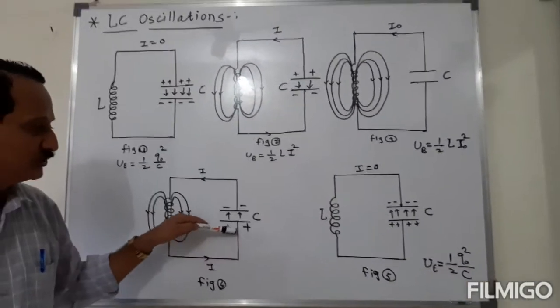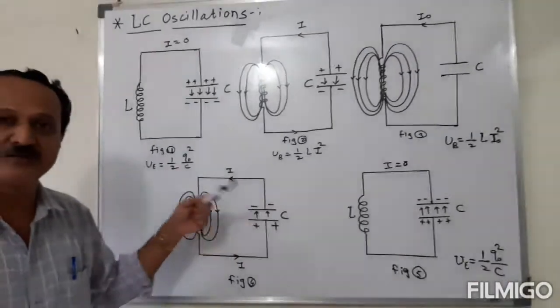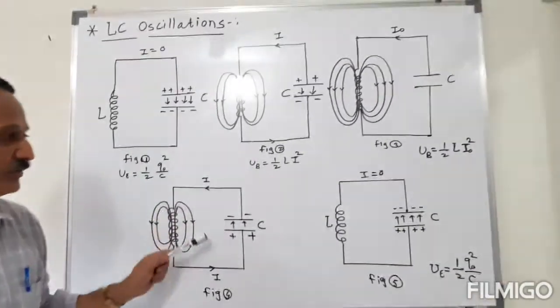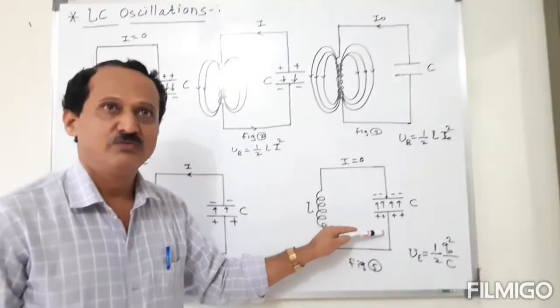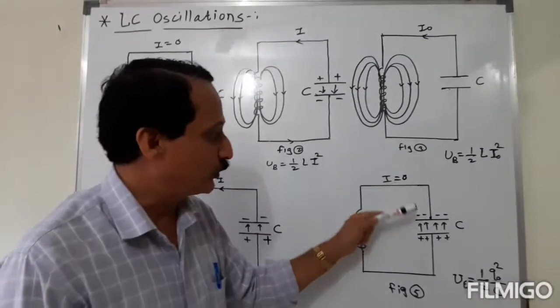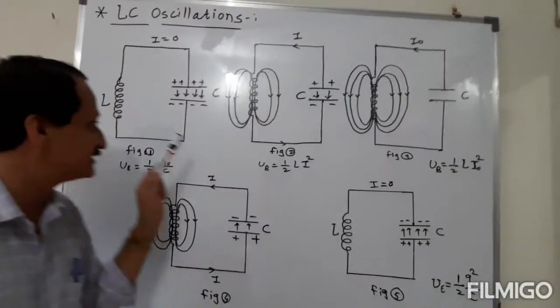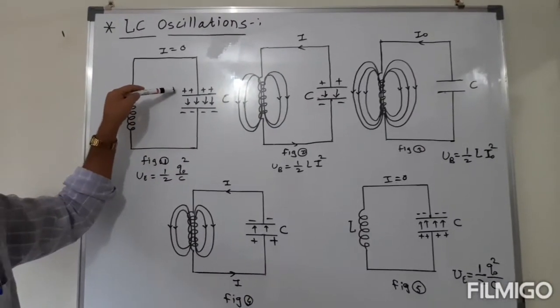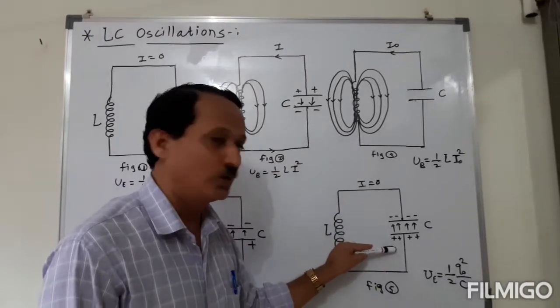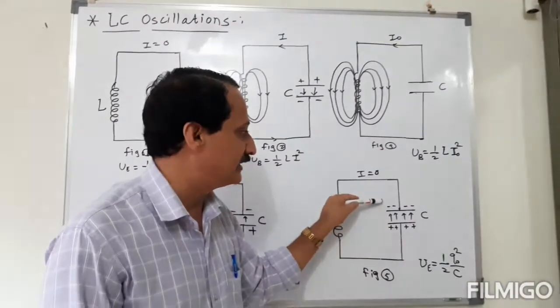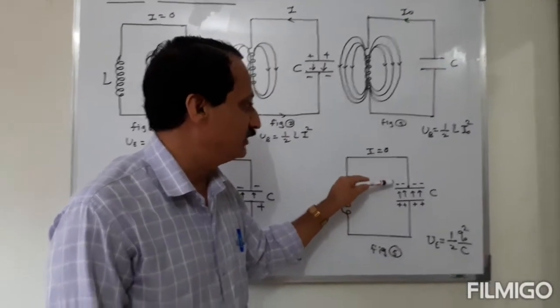This current flows through the capacitor, and the capacitor again begins to charge. When the capacitor is fully charged with a polarity opposite to the initial state, where in the initial state the upper plate is positive and the lower plate negative, now the lower plate is positive and the upper plate is negative. So the capacitor is fully charged.